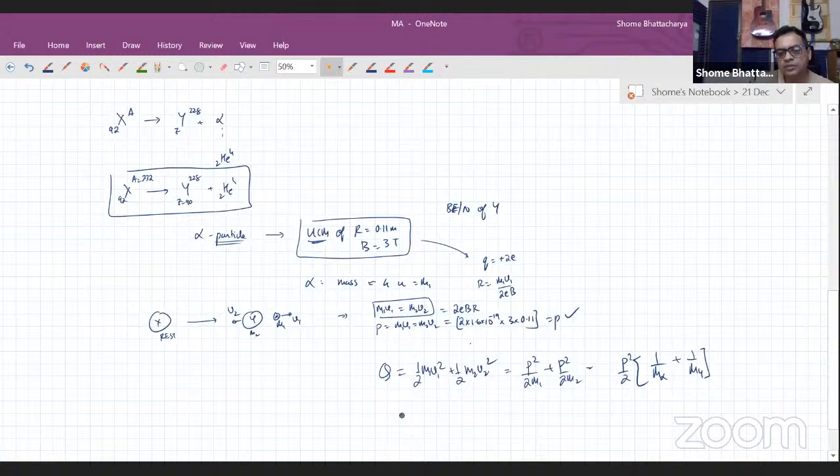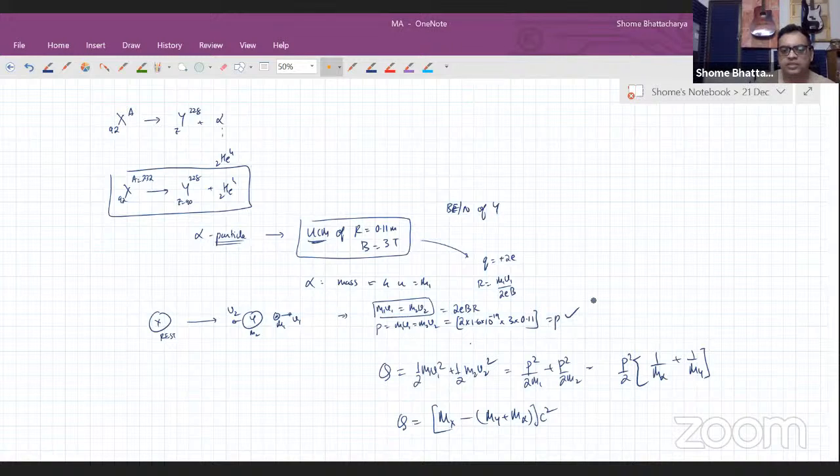Now this Q value of the reaction is also going to be the mass defect. So that is m of X minus mass of Y plus mass of alpha particle, into c square. So understood, na Shreya? First you got this linear momentum.